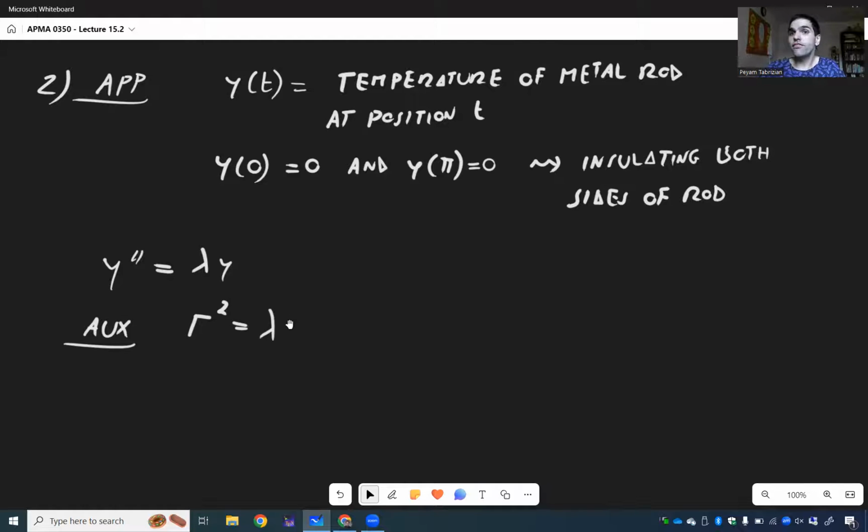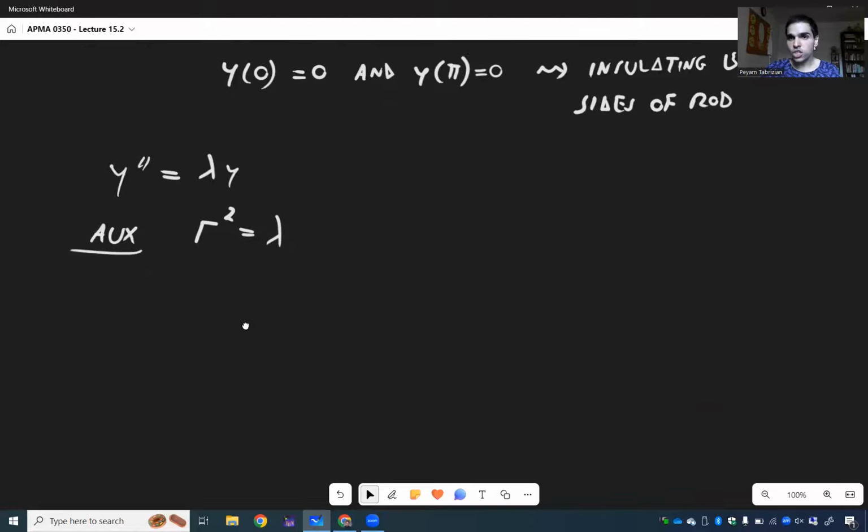Because, for instance, if lambda is 0, we have a repeated root. When it's positive, we have distinct roots. When it's negative, we have complex roots. And that's why it's natural to split this into cases, where case 1 would be lambda positive, case 2, lambda 0, case 3, lambda negative.